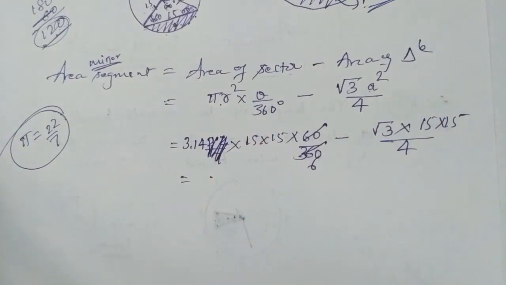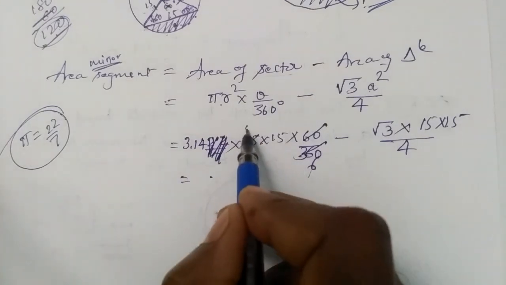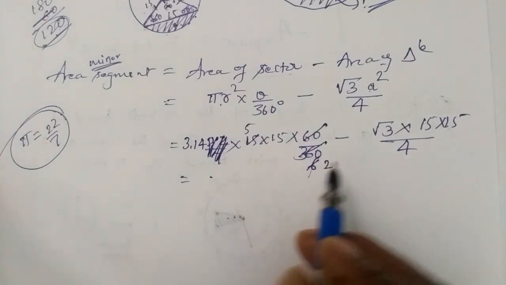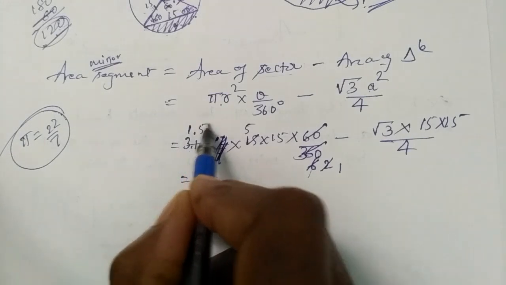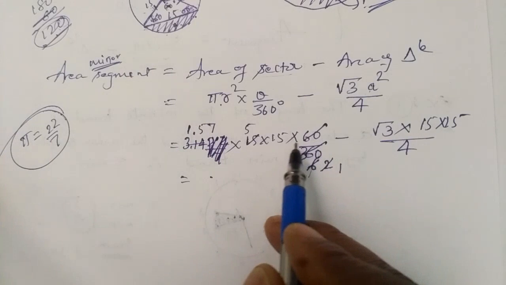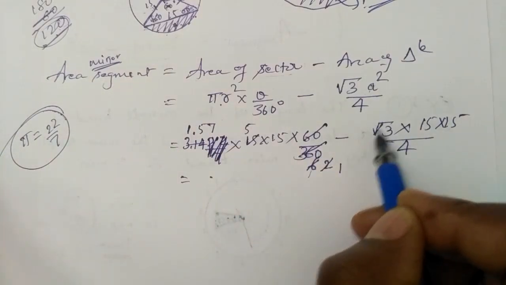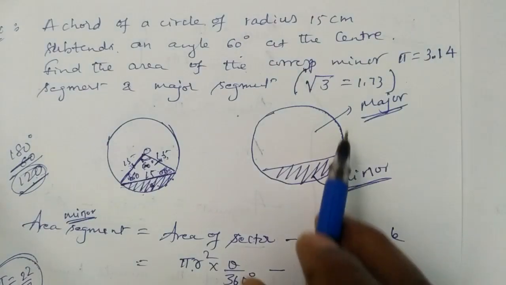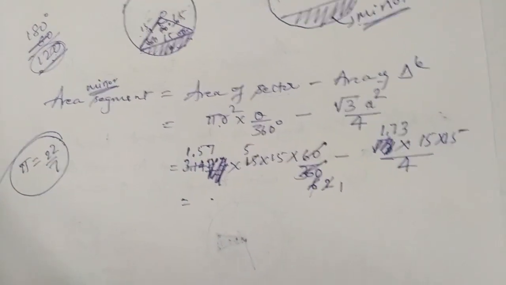3.14, sixes are 66. Next, 3 fives, 3 twos. Still more division is possible: 2 ones, 2 ones, 5 sevens, 1.57. So the division is over in the denominator. The root 3 value is 1.73, given in the question.